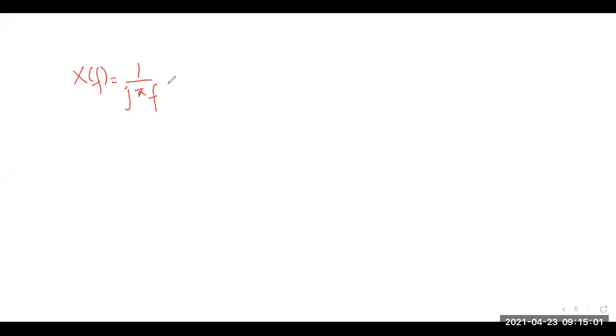So we are getting this because of what? We are getting this because earlier we had considered signum function in time, and if I make it pass through this Fourier transform, I'll end up with 1 by j pi f. And Fourier transform has one more property called the principle of duality.